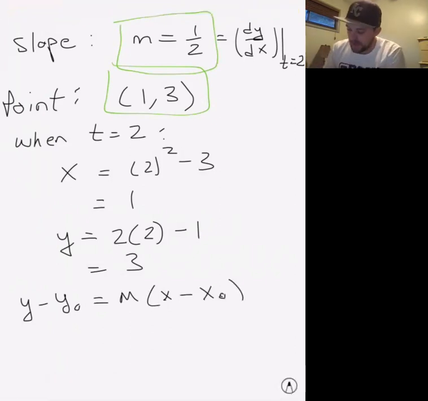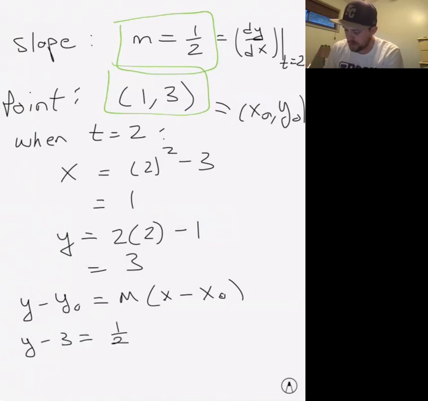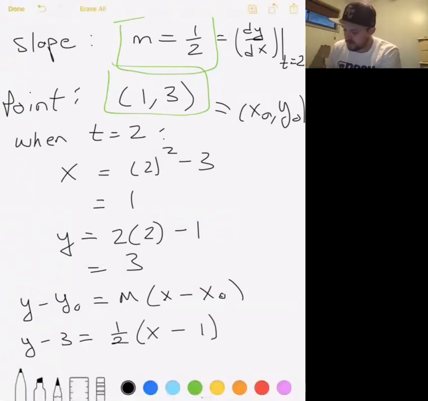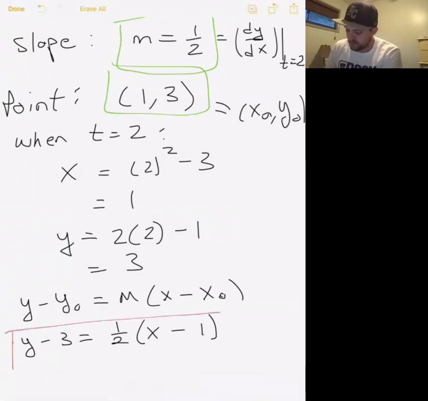Plugging in, this is going to be our point x0, y0, and m is 1/2, so we'll get y minus 3 equals 1/2 times x minus 1. And you can leave it like this.